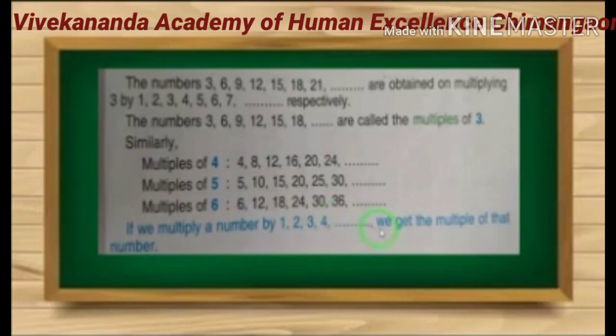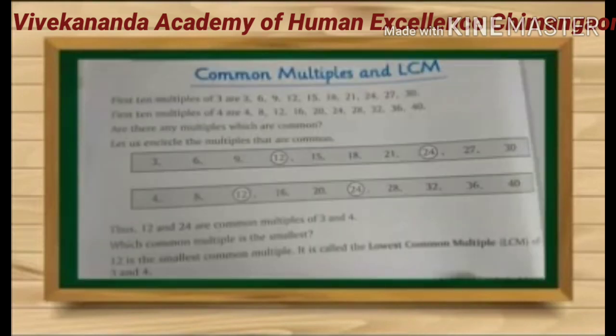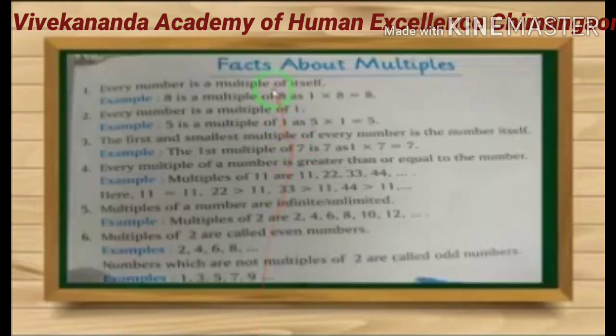It has no end. So if we multiply a number by 1, 2, 3, 4, 5, 6 and so on, we get the multiples of that number. Okay, we will learn some important facts about multiples.